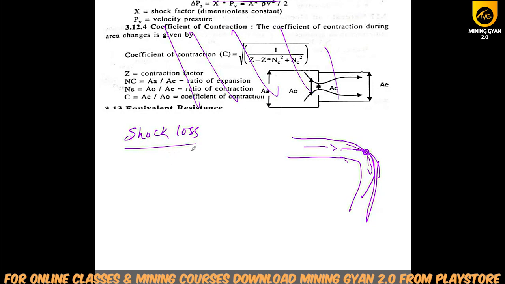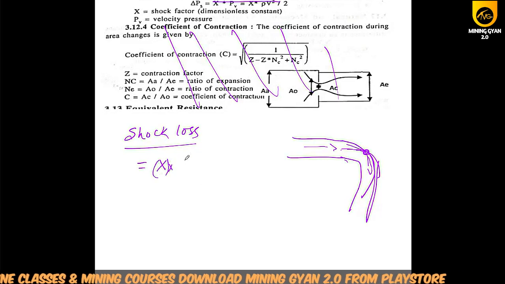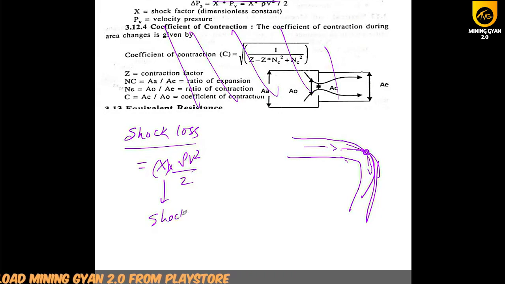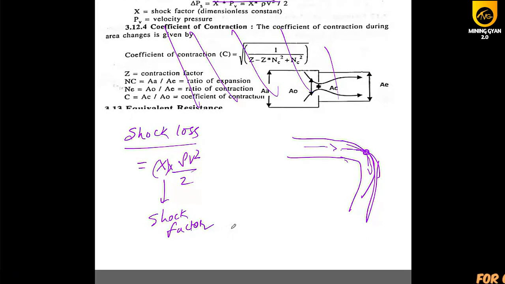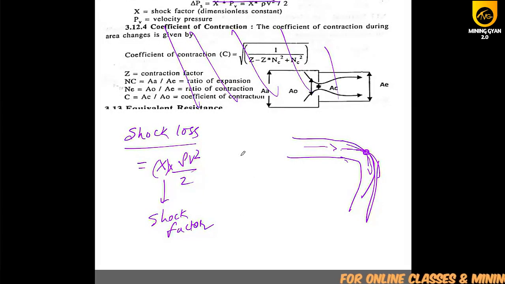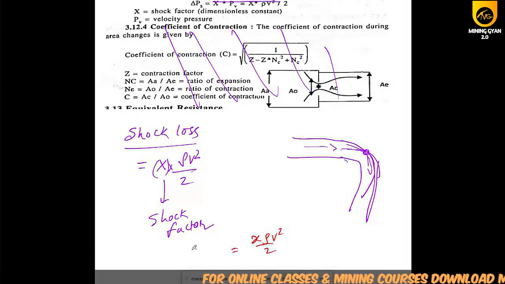Shock loss will be X multiplied by rho V square by 2, where X is the shock factor, rho is the density, and V is the velocity of flow. So remember this formula, X rho V square by 2, which is the shock loss.